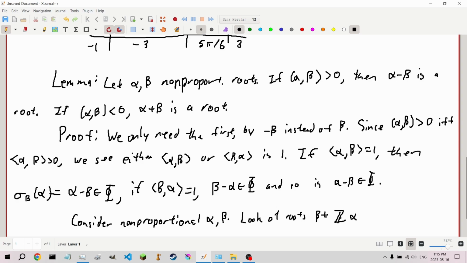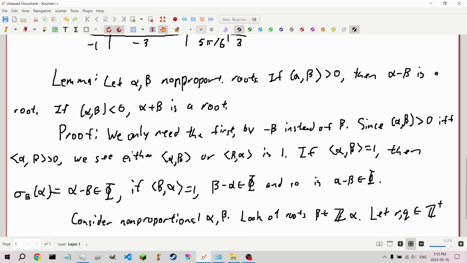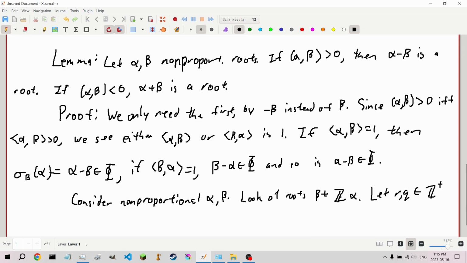We're going to pick R and Q in the positive integers, the largest integers such that beta minus R alpha and beta plus Q alpha are roots.